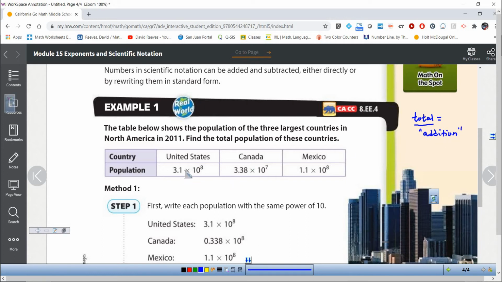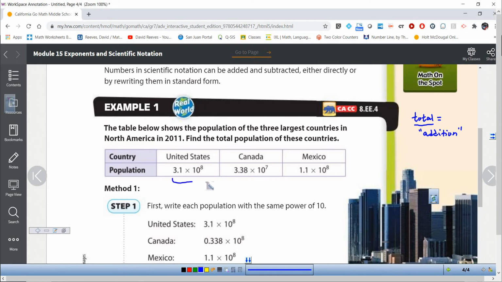All right, so according to this table, in 2011, the United States had approximately 3.1 times 10 to the 8 people, and Canada had approximately 3.38 times 10 to the 7th people.